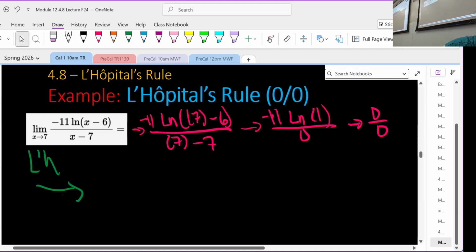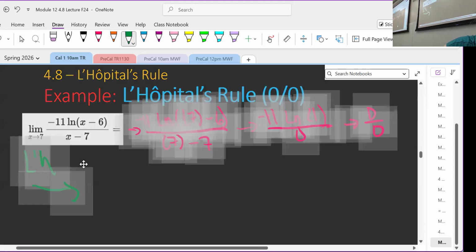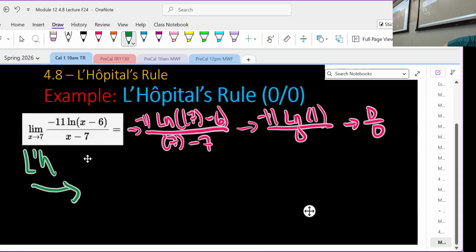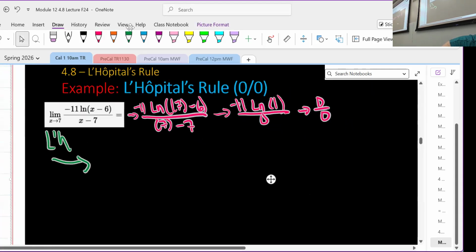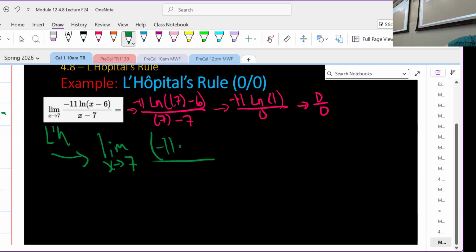So now we're going to use L'Hopital's rule. So we'll keep our limit. Now I do the derivative of the top. So that'll be negative 11 times the derivative of the natural log of something. What do we do for natural log derivatives?